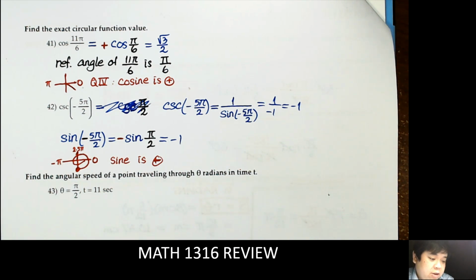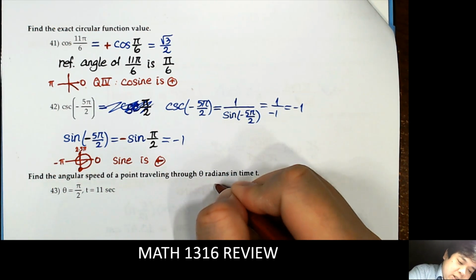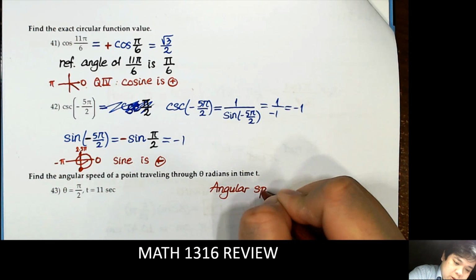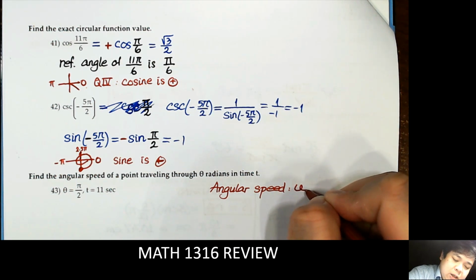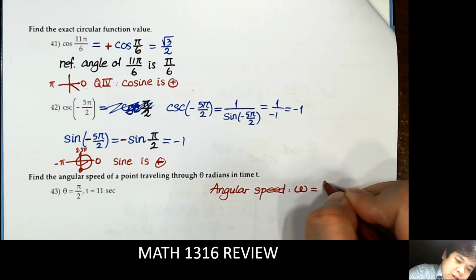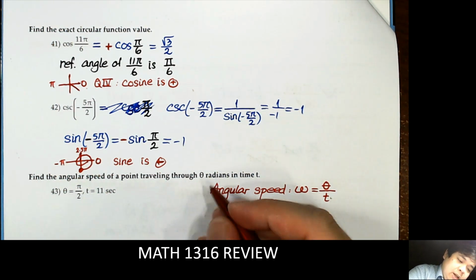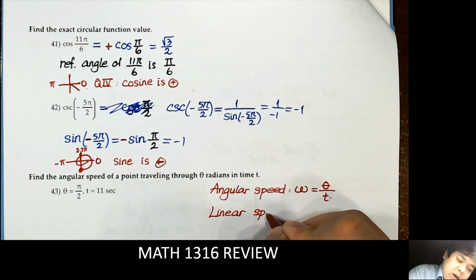Next, we will have the angular speed and the linear speed. So I will write the formula here first. Angular speed is omega equal to the change in the angle over the change in time, and the linear speed is the distance divided by time.